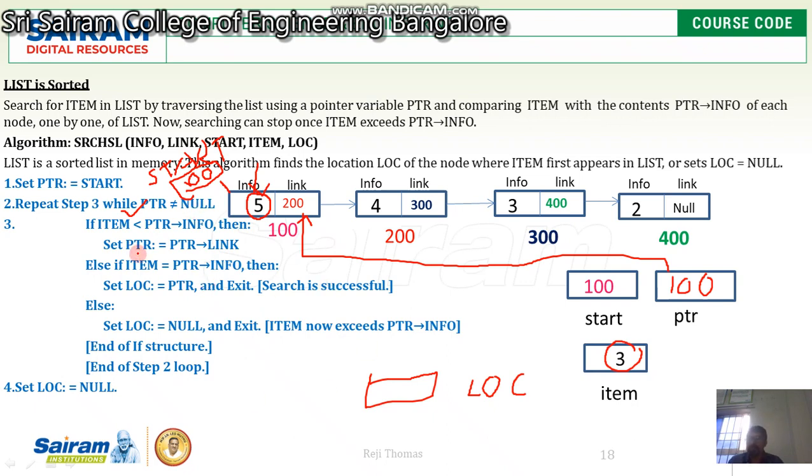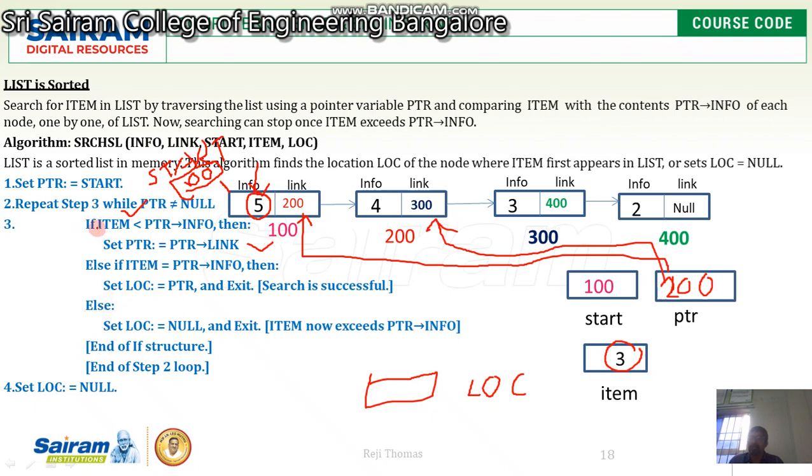How will I go to the next node? We have something called PTR is equal to PTR link. Look at this. What does it mean? PTR should point to the next node. What was the link for the first node, which is 200? So now PTR gets the address of the second node. I'm done with this. Next, I should repeat this.